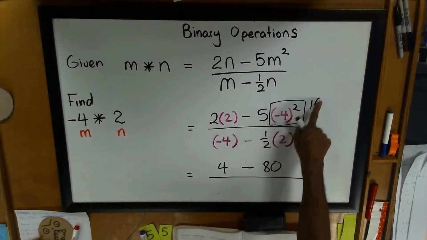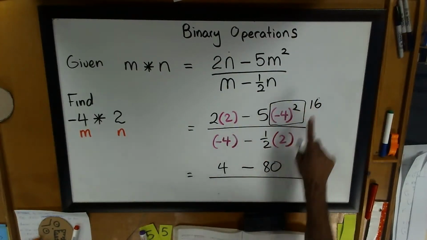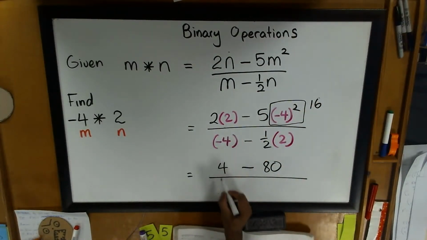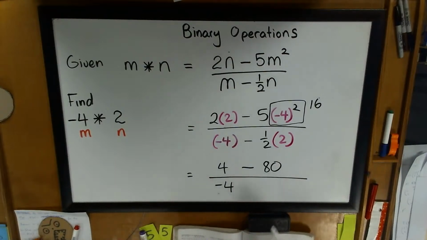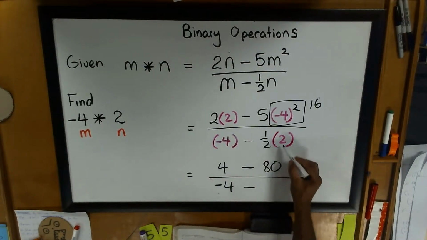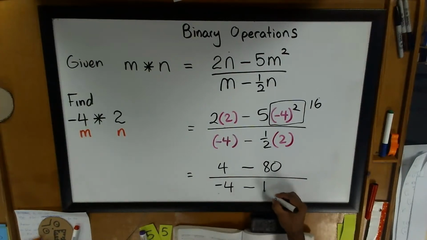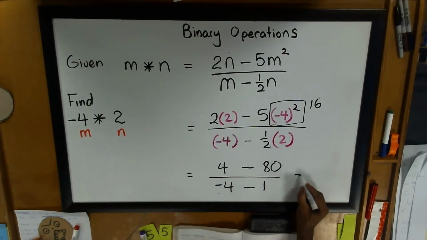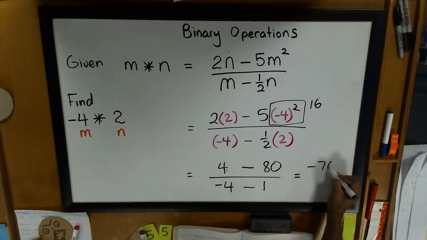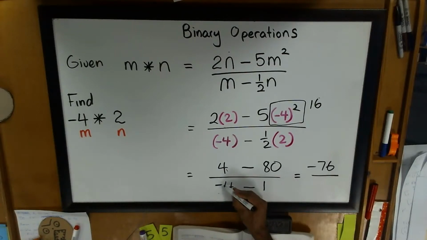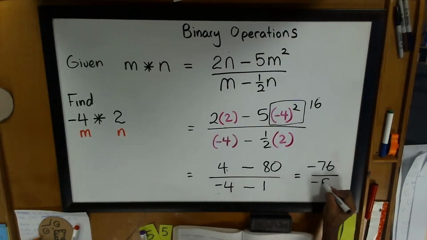So you end up with minus 80 in this region. And underneath, you have a minus 4. You have a minus sign here. 2 by a half is 1. Work out the top. 4 minus 80. You'll get minus 76. Minus 4 minus 1 is minus 5.